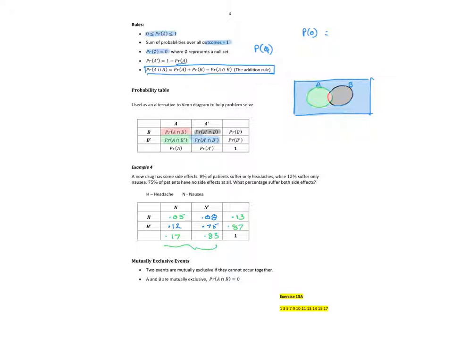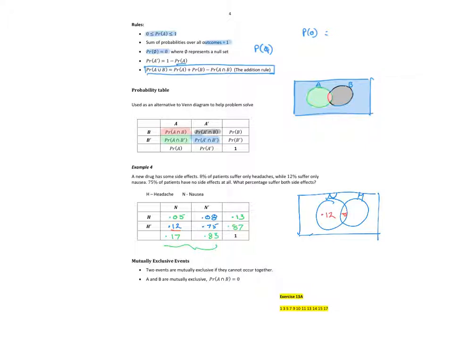Okay, so if we were to do a corresponding Venn diagram, just very quickly, nausea, headaches, what does it mean? So if you suffer from a headache and nausea, 0.05. If you suffer from nausea but not a headache, 0.12.